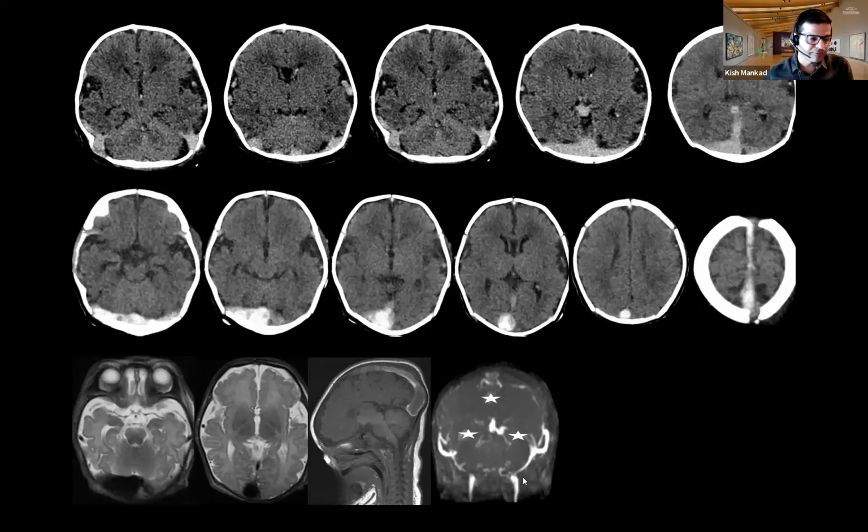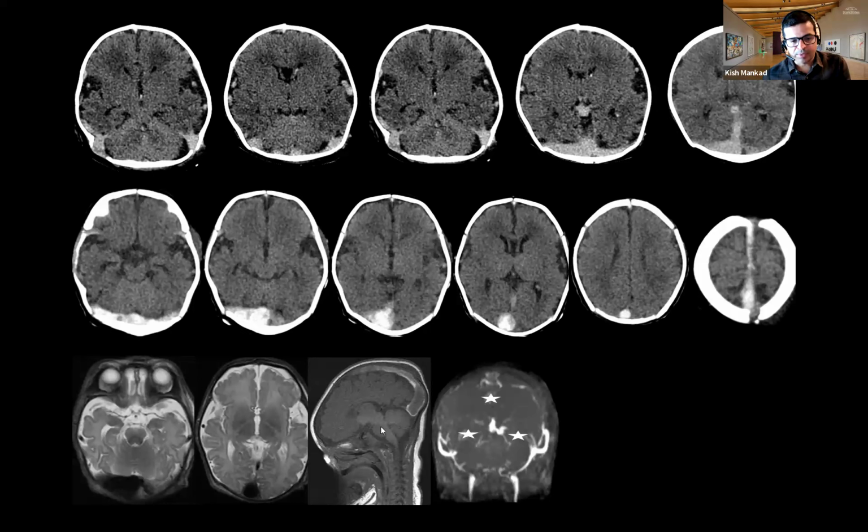But I can tell you the MR venogram is a pretty difficult investigation to interpret in a neonate. You can use ultrasound, you can use CT, and the most important form of CT would be a plain non-contrast CT, because the moment you give contrast, it may pick up some enhancement. Clots can enhance depending on how long they have been there. And if you pick up enhancement in the clot, then you're really, really confused.